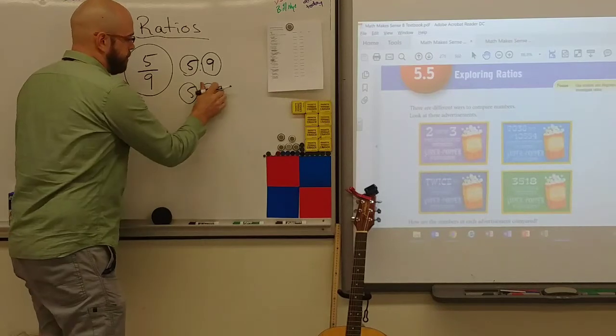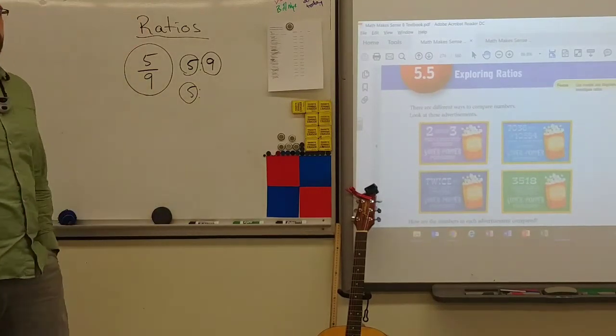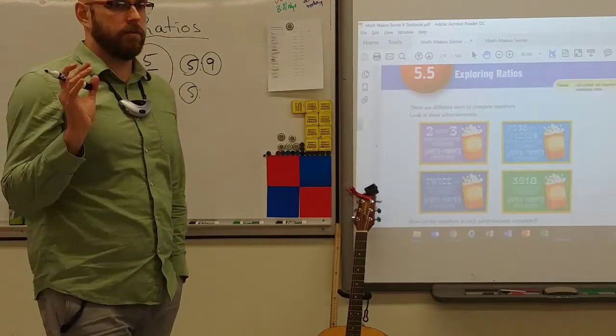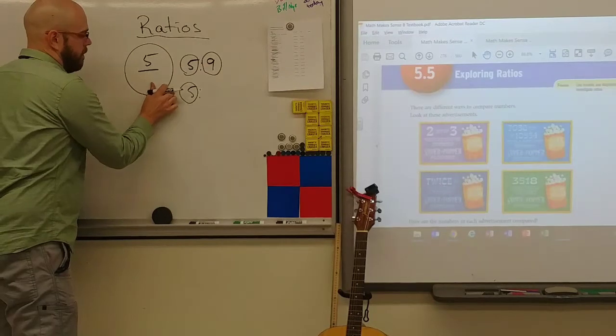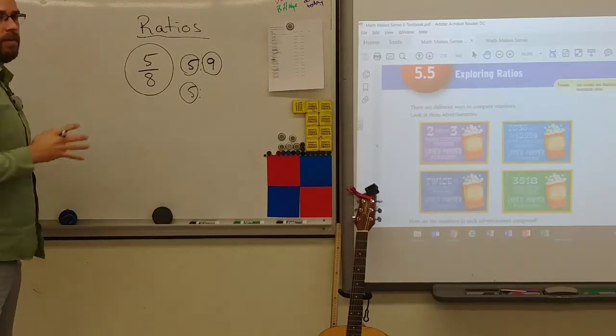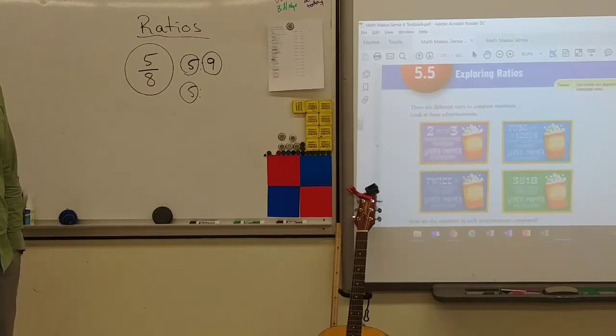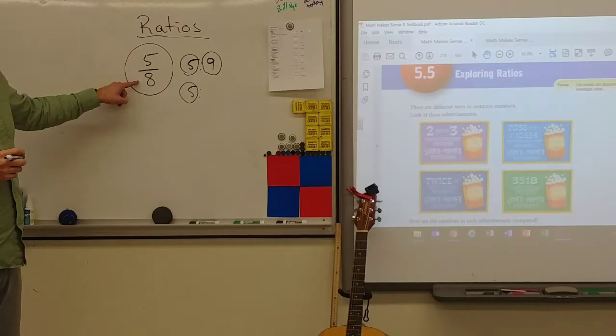For example, let's say one of the boys went to the washer and was no longer here. Wouldn't that change the number to this? Now there's only 8 grade 8s in this lesson. But that's a completely different number, isn't it? 5 eighths and 5 ninths. Aren't those completely different?